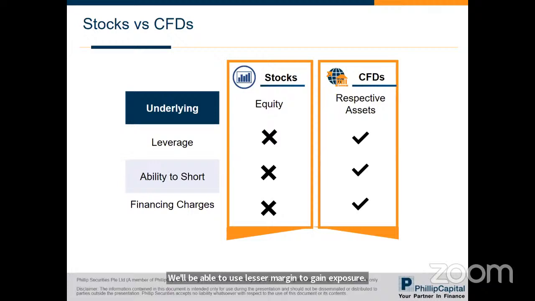CFD allows you to go long or short, which means you can profit in both bullish and bearish markets. However, for stocks, if you're using our platform, you will also be able to short and leverage if you're using a margin account and have an SBL account. The interest is the same if you're using a margin account to trade. But unlike CFD, you only need one account and you'll be able to leverage, short, and also tap into other different asset classes, which is more convenient for you as a trader.